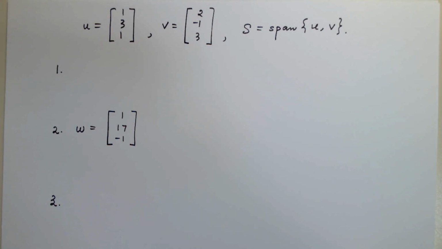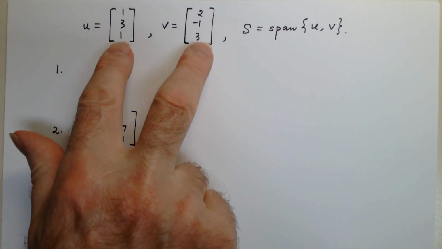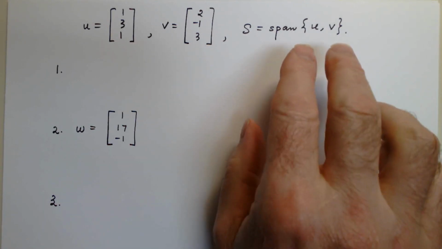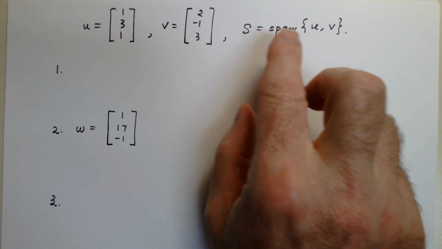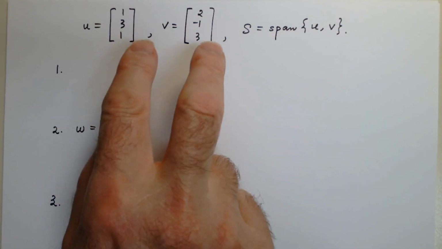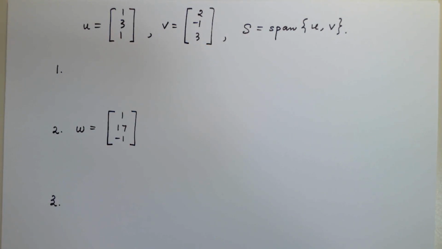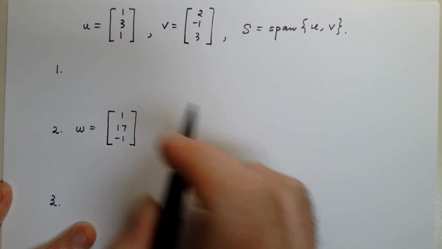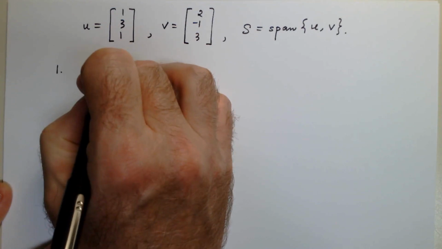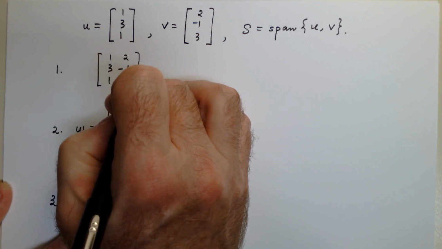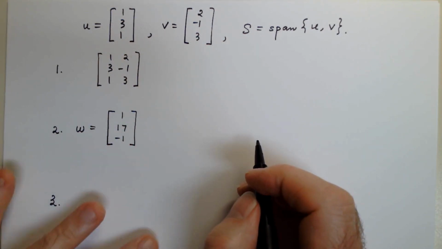Now, in this first part, we're just trying to confirm that these two vectors form a basis for S. And since the two vectors are already spanning S by definition, all we have to do is check that they are linearly independent. We can do that in several ways, but one way is just to feed these vectors into a matrix as its columns, and then look at the reduced row echelon form.